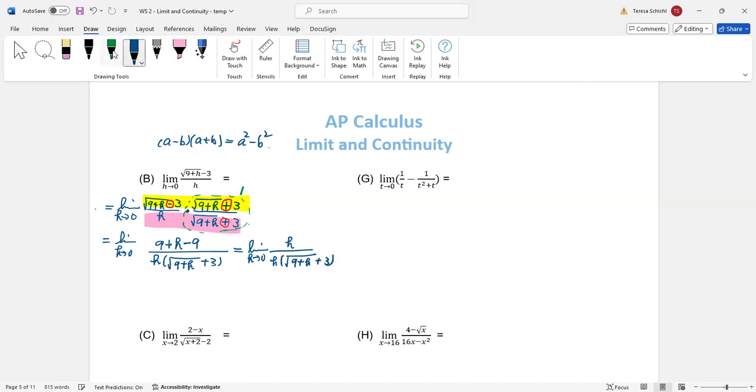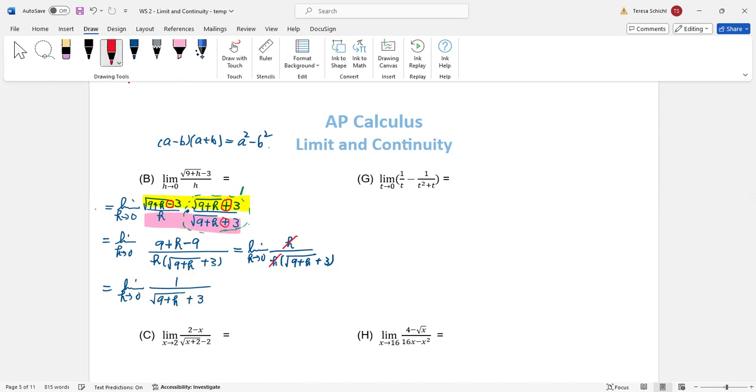Take a look at what happens. The h and h cancel. That's pretty nice. So I will have the limit as h approaches 0 of 1 over the square root of 9 plus h plus 3.